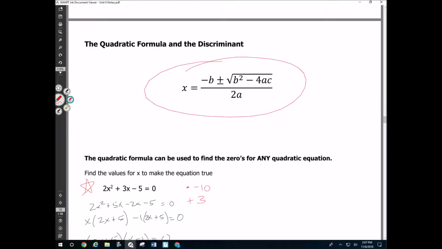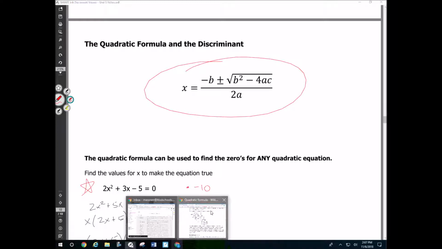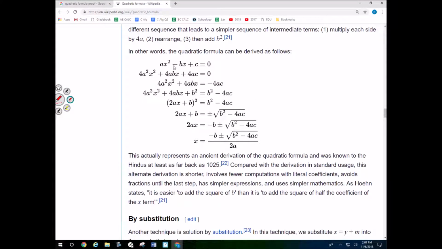Now, this is like some convoluted formula, right? That's like comes out of nowhere. It seems crazy. Now, I'll show you that this does not come out of nowhere. There's a proof that shows you that you can use this to solve any quadratic, okay?